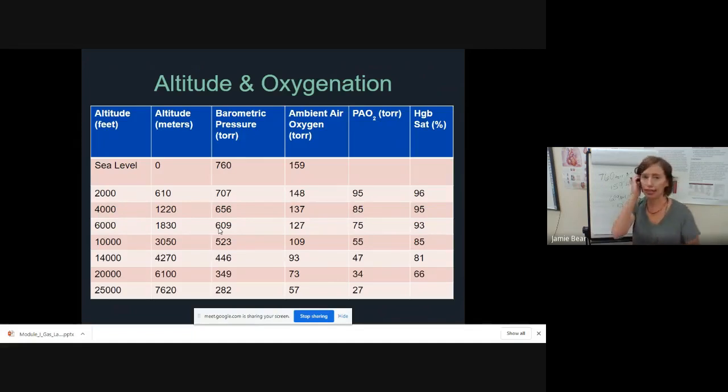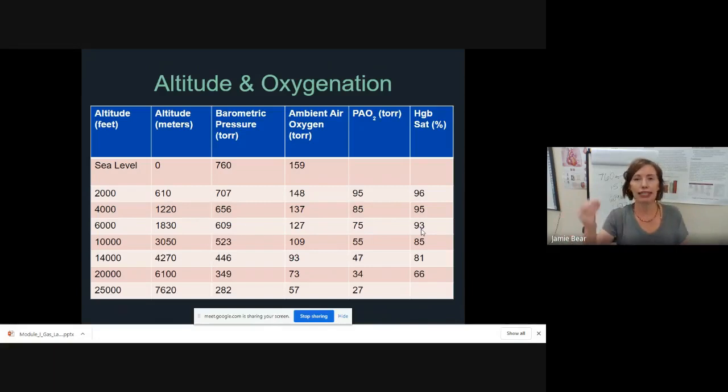As you can see then, if we look at our alveolar, we're always having diffusion, so now the oxygen pressure in our alveoli is down to 75, where it should be up there at 105, over 100. And if you look at our saturation, which is the amount of oxygen attached to hemoglobin, we're really low here in Colorado.